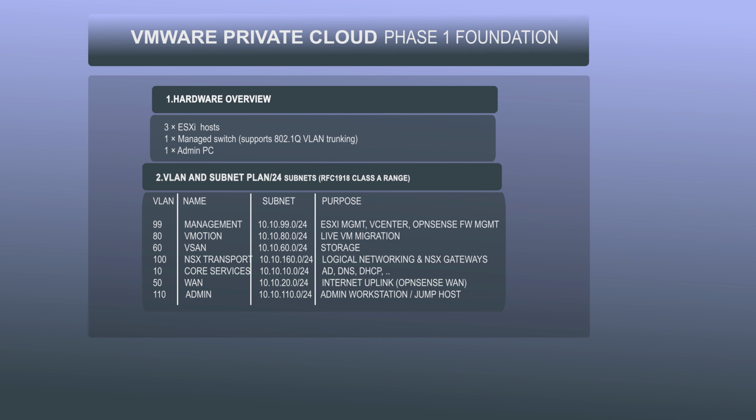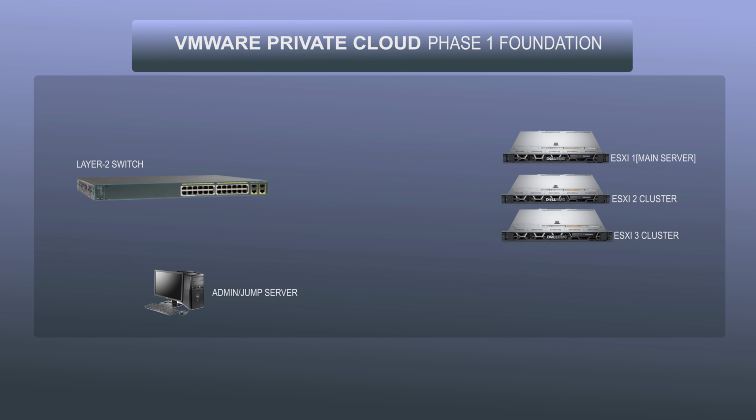Now that I explained the VLANs, let me talk about the switch with the right mindset so you can understand. This layer 2 switch is not doing anything fancy. Its job is simple: carry my core VLANs and give me a clean, stable foundation. This is how modern IT works.